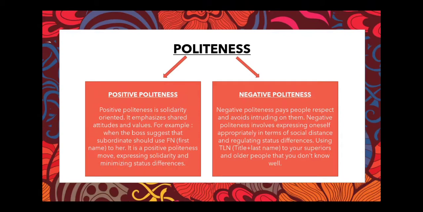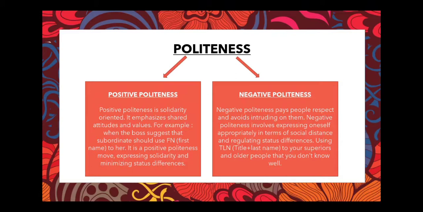Positive politeness is solidarity oriented. It emphasizes shared attitudes and values. For example, when the boss suggests that a subordinate should use the first name to her, it is a positive politeness move expressing solidarity and minimizing status difference.